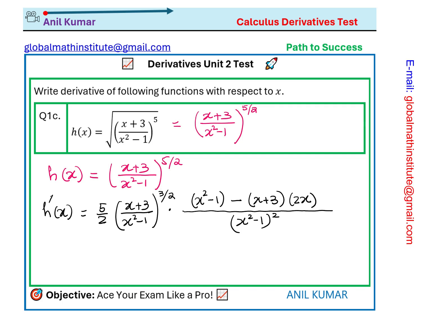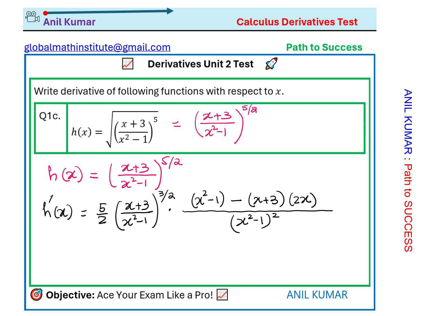So they get added up, right? Correct. So when you add 3 by 2 plus 2, which means what? You have to make a common denominator. You get 7 by 2, right?